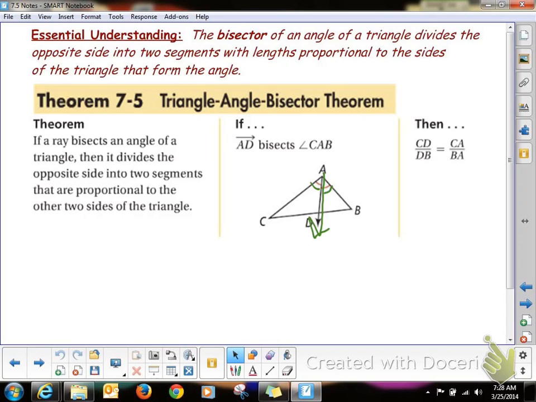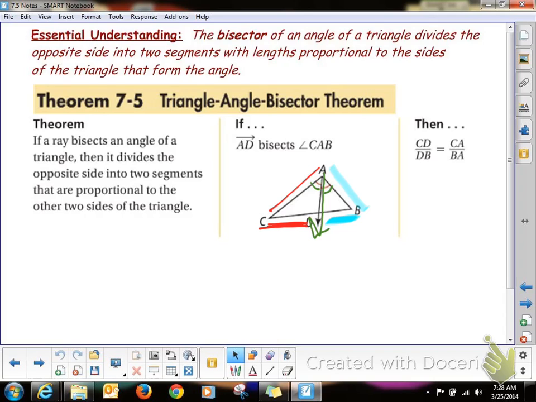It cuts them proportionally so that CD, this side, over DB, this side, is equal to this side over this side.